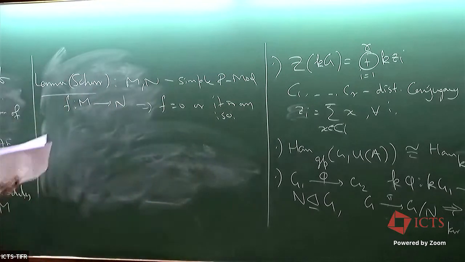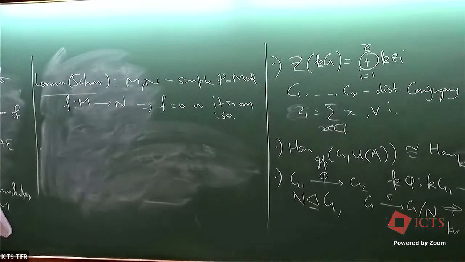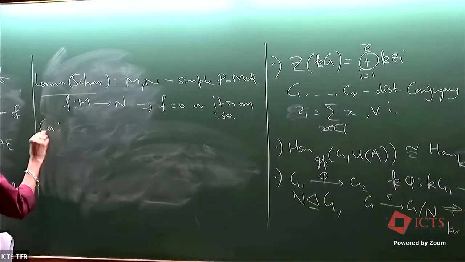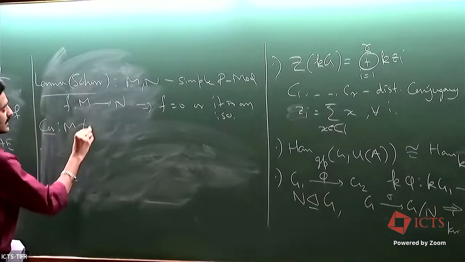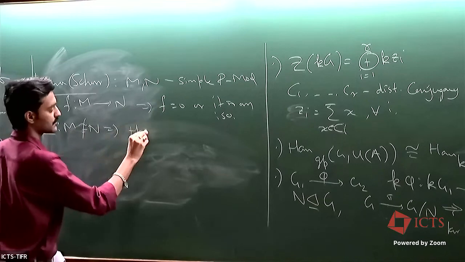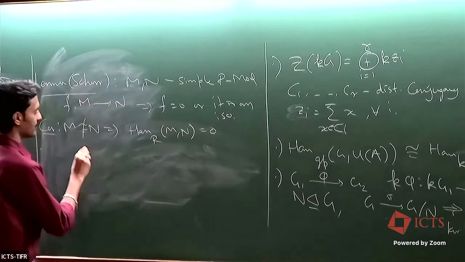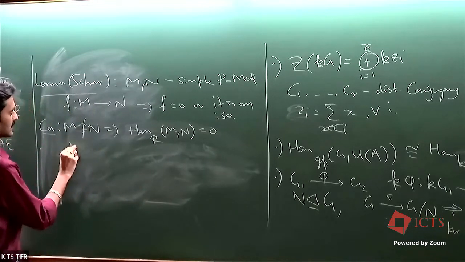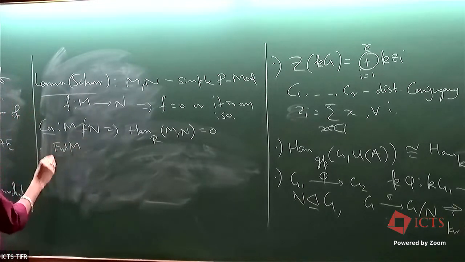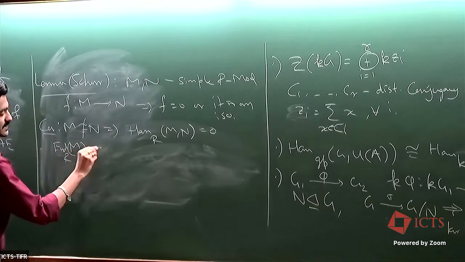And that is very easy to see if you just consider the kernel and the image. As a corollary, what one gets is that if M is not isomorphic to N, then there is no homomorphism from M to N. And in the other case, for simple module M, this is a division ring.